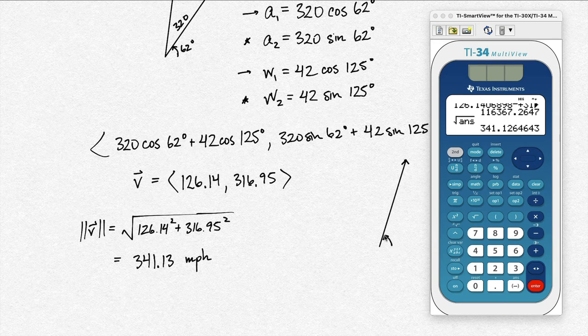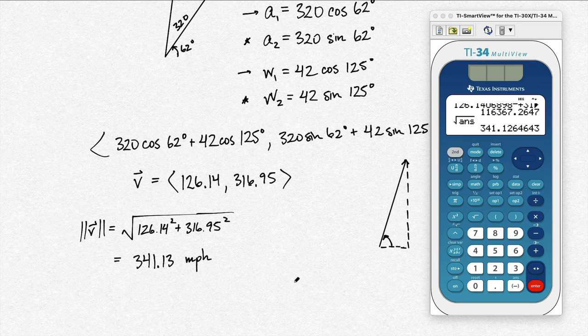Now we're also looking for this angle here, and we can get that by going to this triangle. The acute angle that the vector makes with the x-axis, I can think of as an inverse tangent, where I've got my vertical component and my horizontal component.